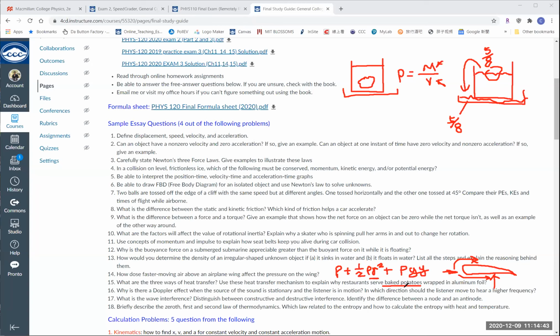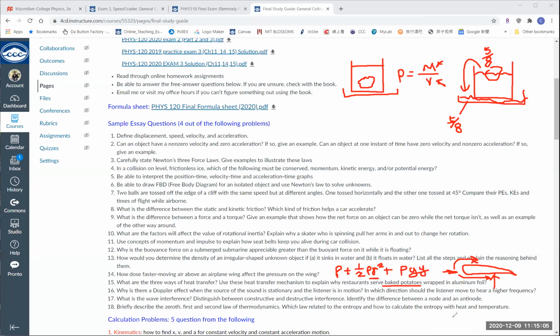We're talking about conductivity, which means something will conduct heat faster or something will not. Like wood is not a good conductor, so it will not make the heat move easily, right?